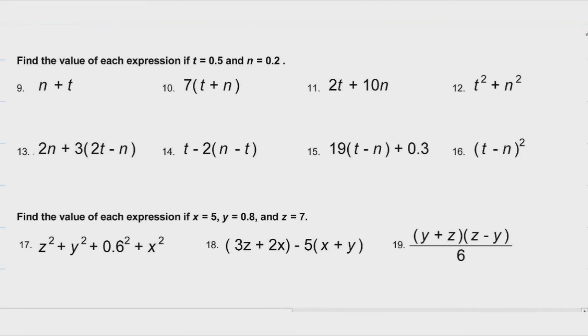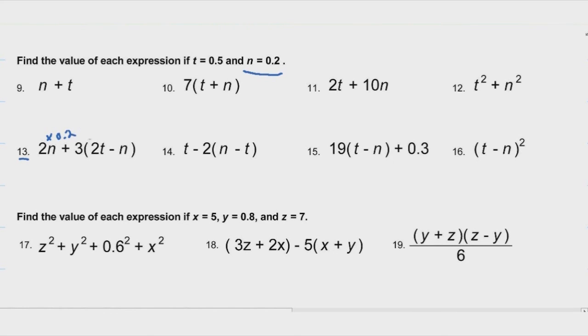Alright, welcome back. We're working on problem 13 next, and 13 has a 2 next to an n. Well, if you look up here in the directions, you see n equals 0.2. So we have to put 0.2 where the n is, and since 2 is next to a variable, it's multiplication, so it'll be 2 times 0.2.